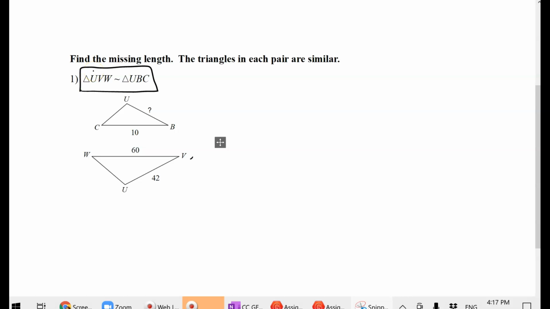The similarity statement is going to be very, very powerful because it tells us that the distance between U and V is proportional to the distance between U and B. The distance between V and W is proportional to the distance between B and C, and the distance between U and W is proportional to the distance between U and C.